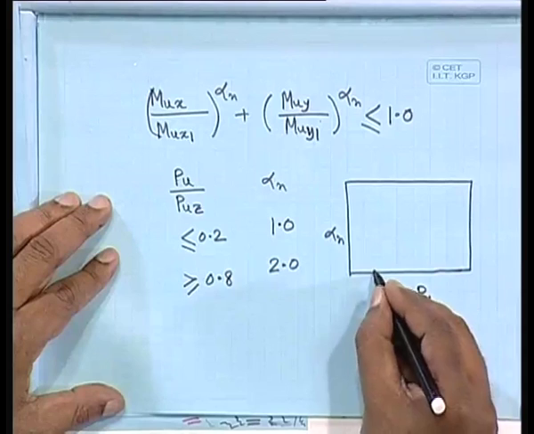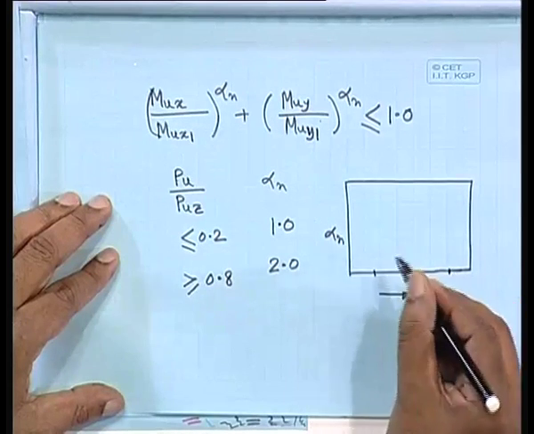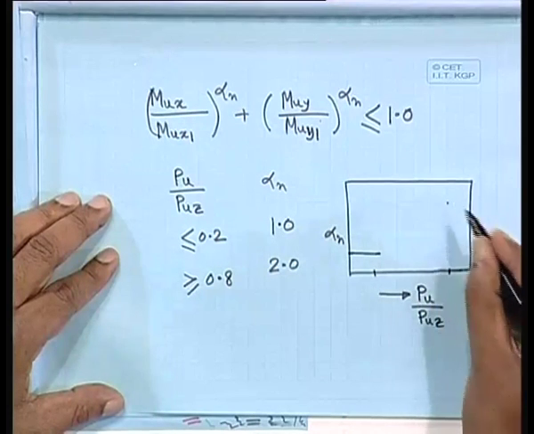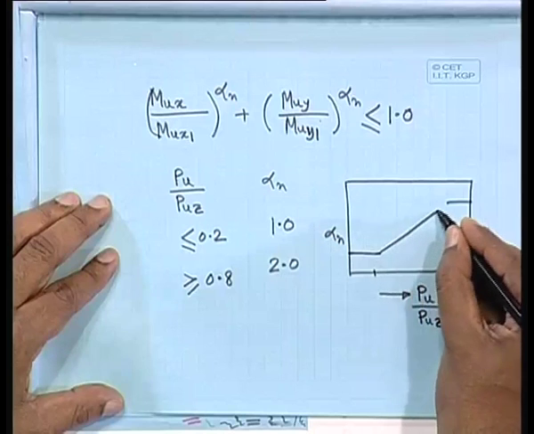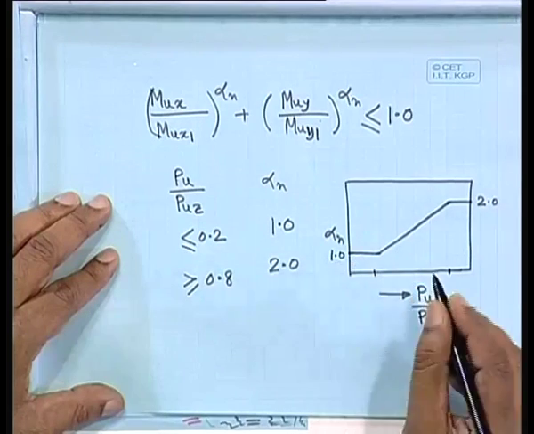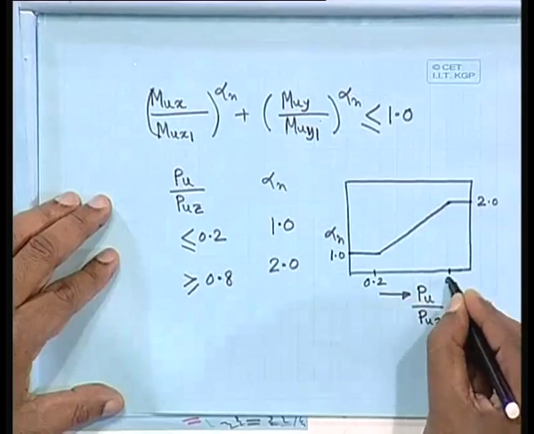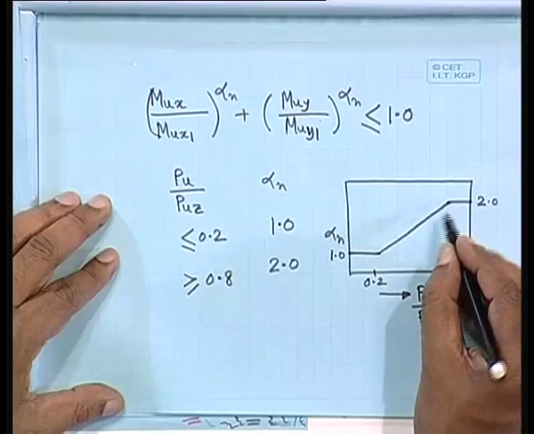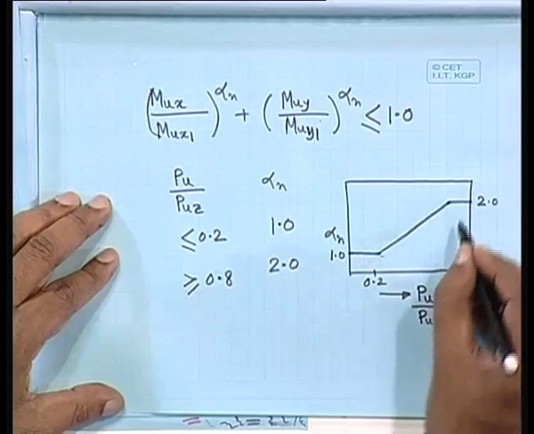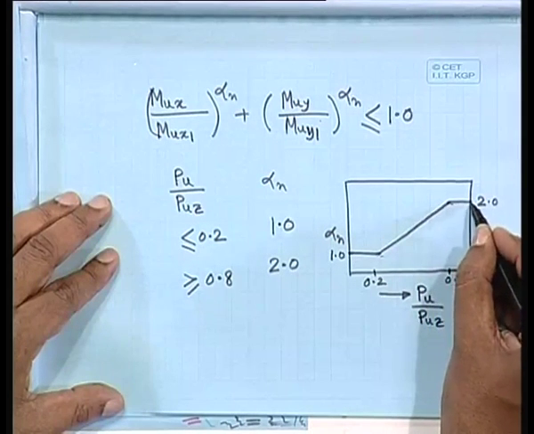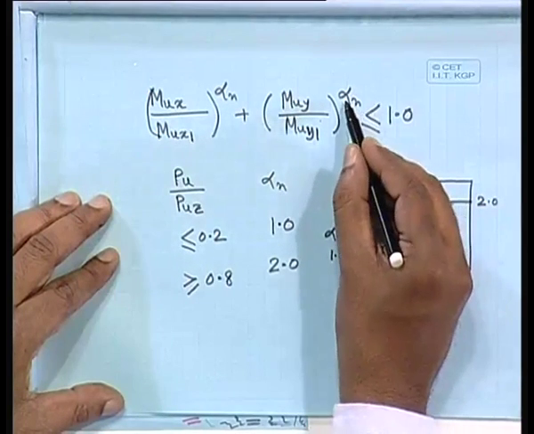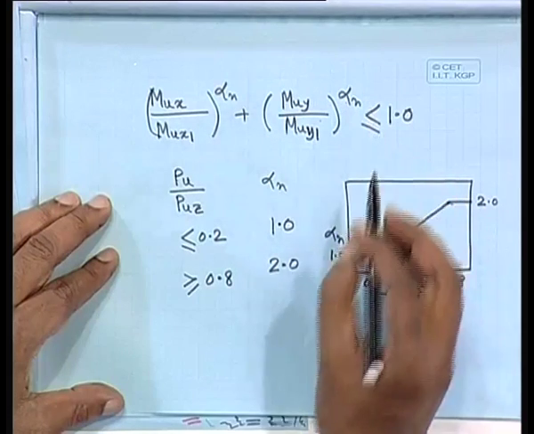Let us say this is 1 and this one is 2. So, the curve comes like this, with 0.2 and 0.8. That means if it is less than or equal to 0.2, it is 1. If it is greater than or equal to 0.8, then it is 2. In between, you simply linearly interpolate the value of alpha n, which you have to put here.